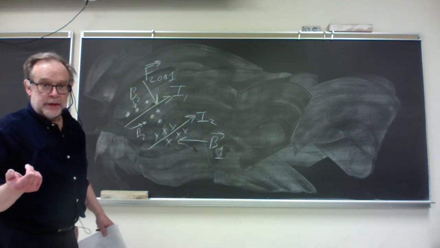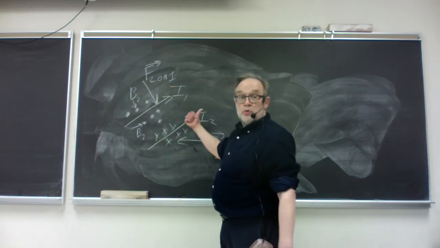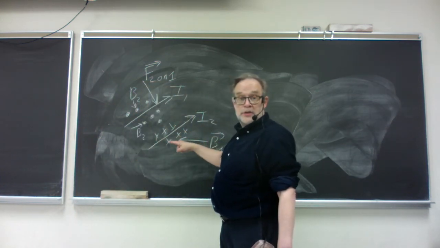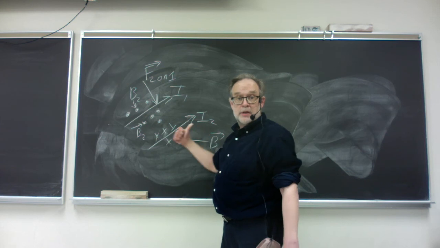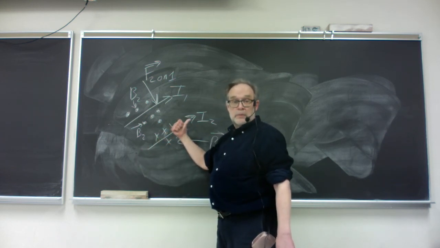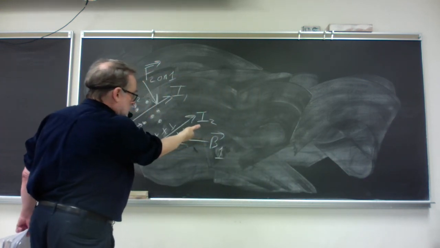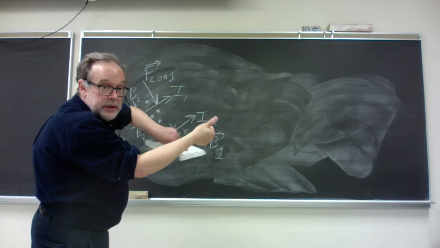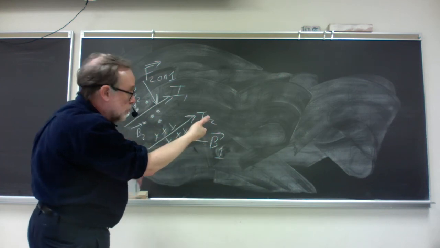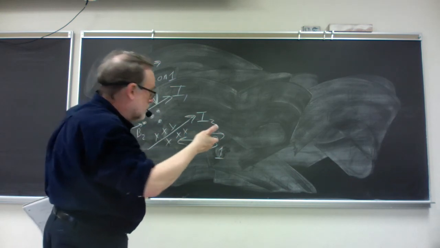Now we use the force right-hand rule. Positively charged particles are moving this way. That's what current in this direction means. So the velocity of those charged particles is this way. So I point my thumb that way. And then the field is pointing this way into the blackboard. So I point my index finger that way into the blackboard.